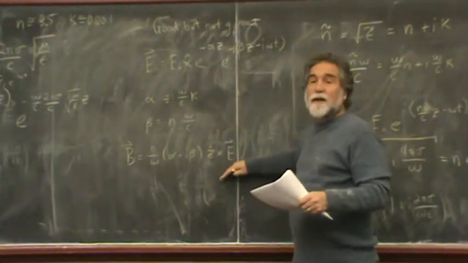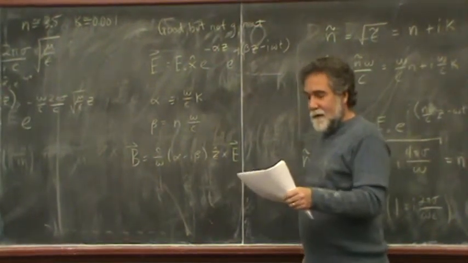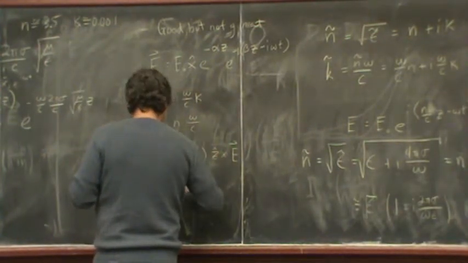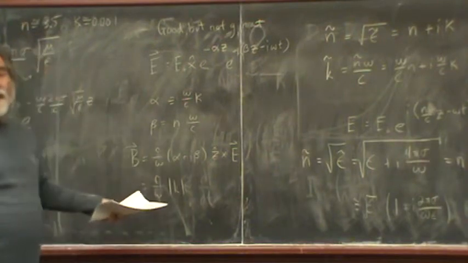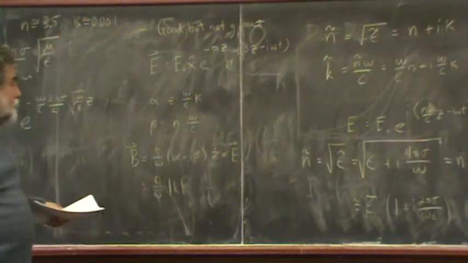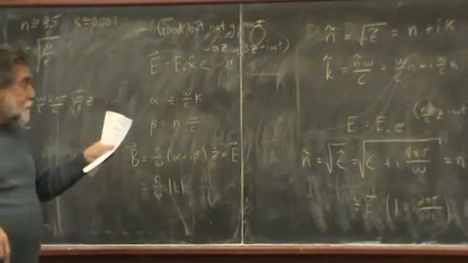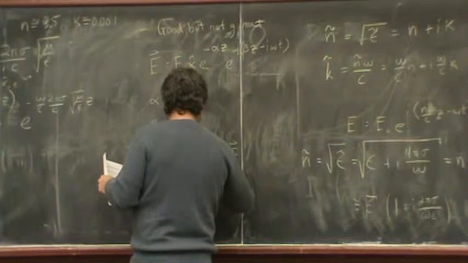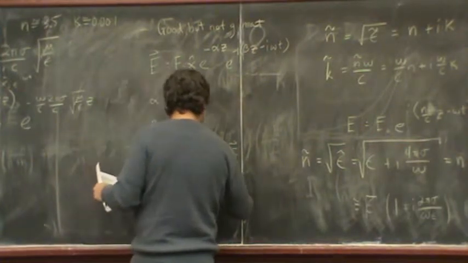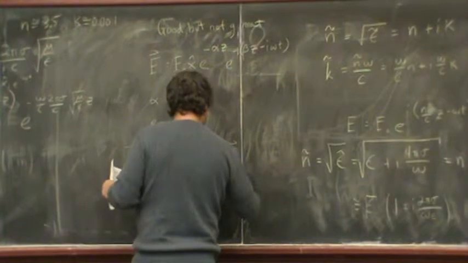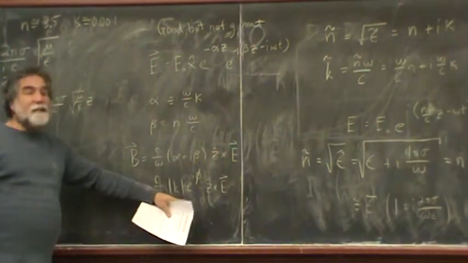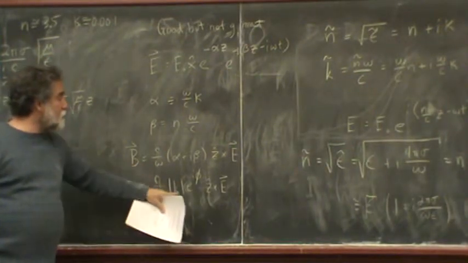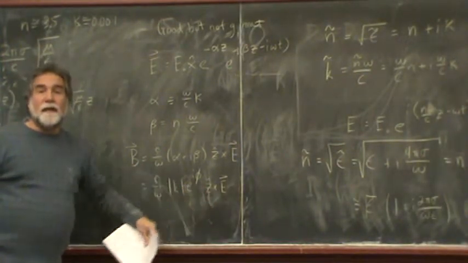So there's my electric field, there's my magnetic field. All right. I can rewrite this as c over omega, absolute value of K being the 2 pi over lambda, right? A wave vector, e to the I phi, Z cross E. I'm explicitly going after the fact that the magnetic field is out of phase with the electric field.